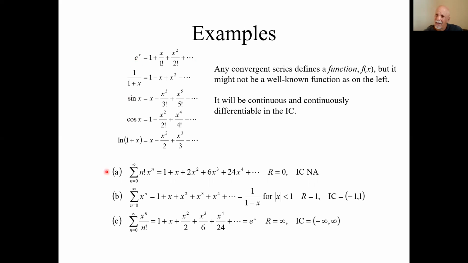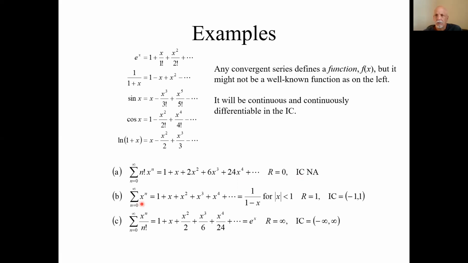And there are sort of three kinds of things that could happen. If you look at this first example, if you wrote it out, it would look like this. That doesn't converge anywhere other than x equals 0. You'll have to take my word for that. So its radius of convergence is 0, and its interval of convergence is not applicable.